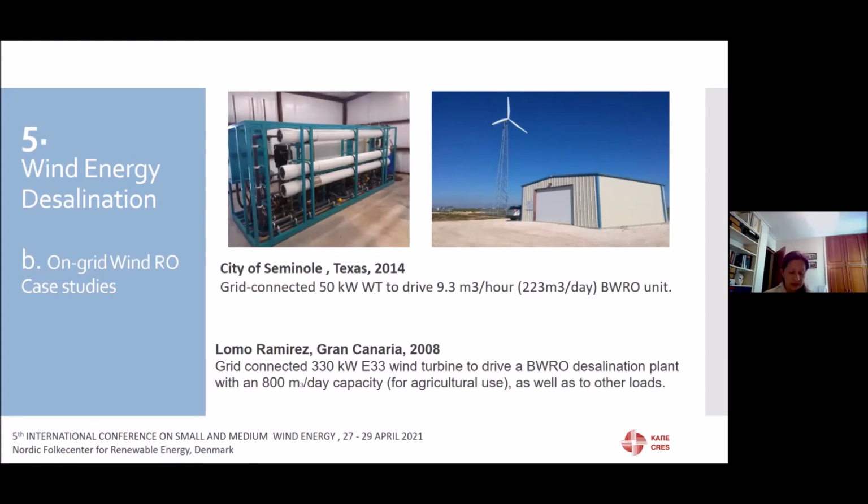And then we have another example with the coupling of an Enercon E33 wind turbine of 330 kilowatts to drive a brackish water RO desalination plant with a daily water capacity of 800 cubic meters per day. Mostly this system is used for agricultural needs and of course for other loads.